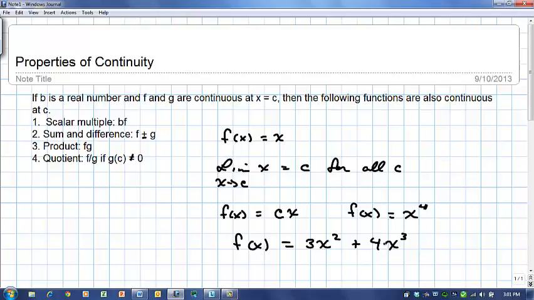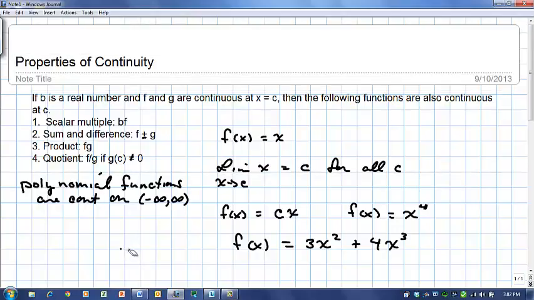And then this is the sum of two continuous functions, so it is also continuous. So basically that tells me that using these properties that we can get that any polynomial function is continuous on the entire real line. So from negative infinity to infinity.